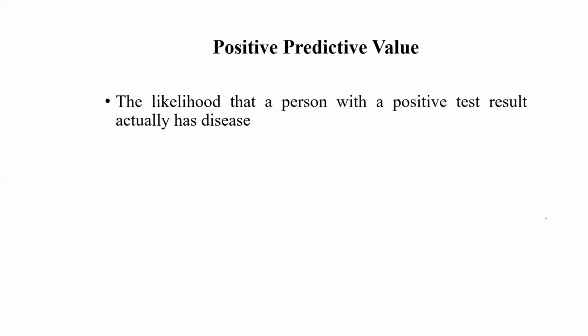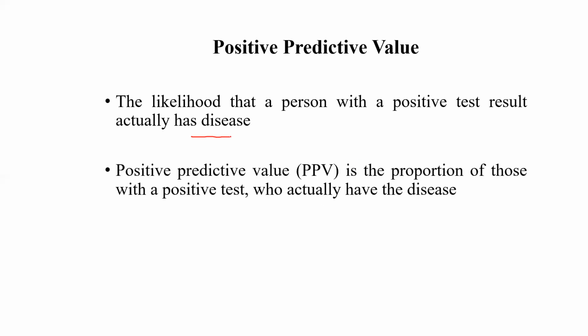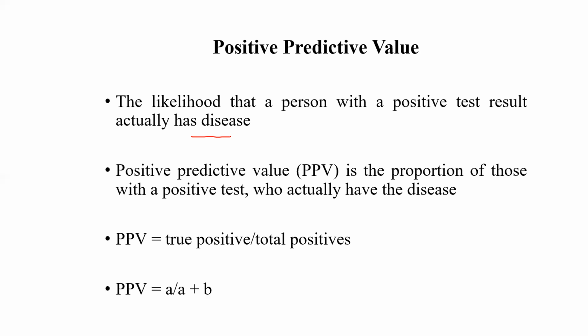The first one is known as positive predictive value, the likelihood that a person with a positive test result actually has the disease. The positive predictive value is the proportion of those with a positive test who actually have the disease. Positive predictive value can be calculated as true positive divided by total positives, and it is A divided by A plus B in the 2 cross 2 contingency table.